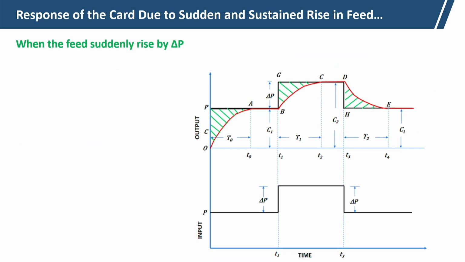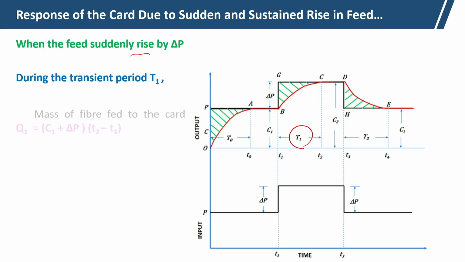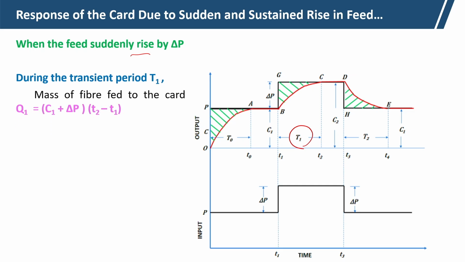Now, when the feed suddenly increases here, what happens? During the transient period T1, the mass of the fiber fed to the card will be the total mass. This is per revolution. C1 plus delta P is the mass fed per unit time, and it is multiplied by the time. What is the time?